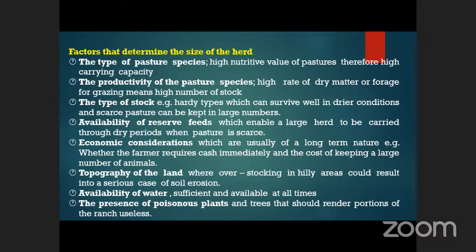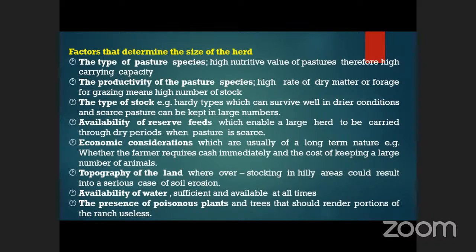The type of pasture species, high nutritive value of pastures, therefore high carrying capacity. The productivity of the pasture species, high rate of dry matter or forage for grazing means high number of stock. The type of stock, e.g., hardy types which can survive well in drier conditions and scarce pasture can be kept in large numbers.